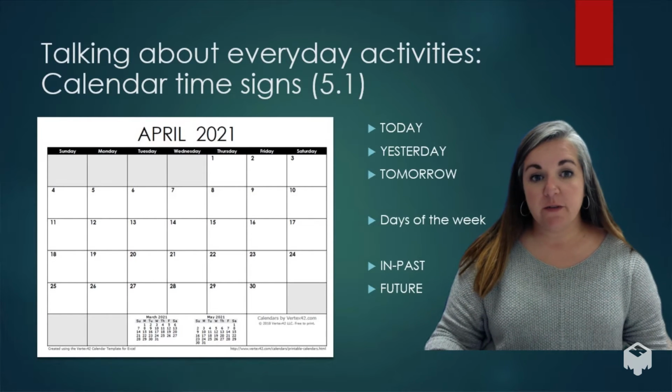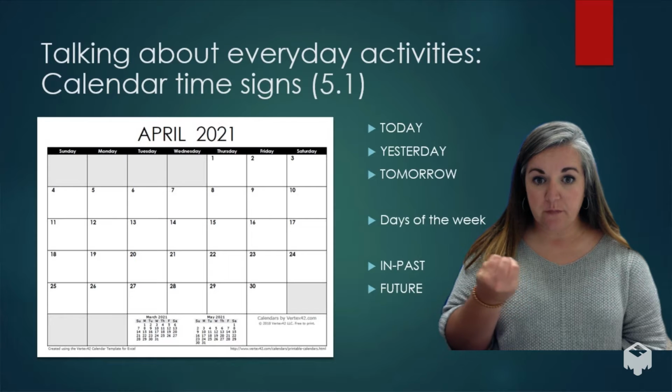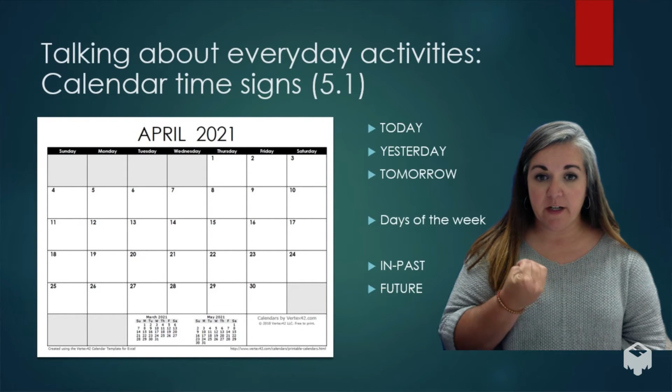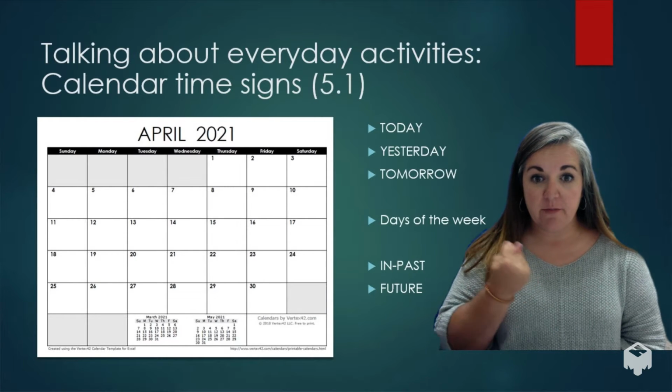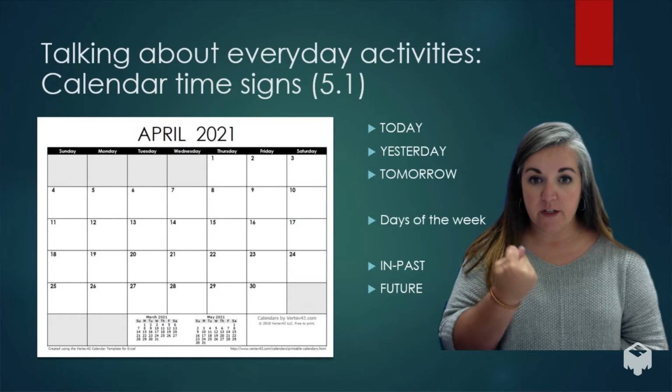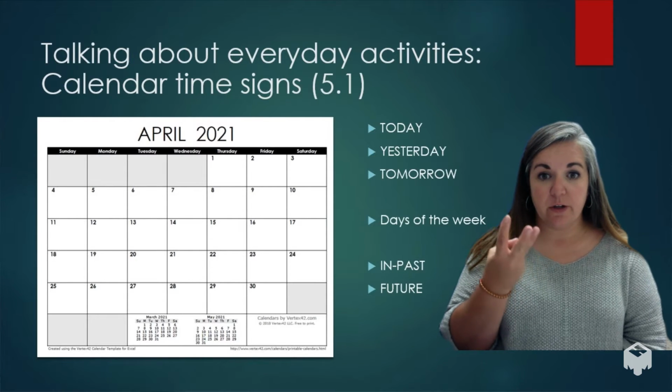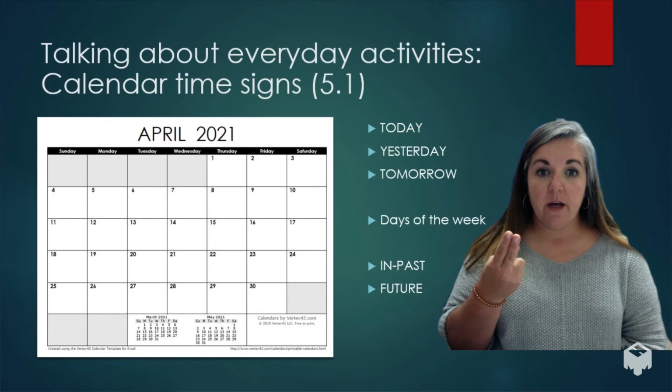So I'm going to go through the days of the week. Monday, it's an M hand shape, and you're just moving it in a circular motion. Tuesday, the T hand shape, facing you and moving in a circular motion. Wednesday is a W hand shape in a circular motion towards you.